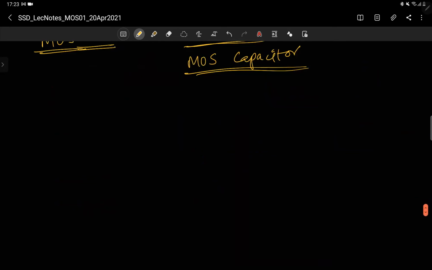So let us just see, in the last 5 minutes, we will finish how this device is made, just the MOS cap, and then we will see more in the next lecture. So MOS cap, how is this made? You have a metal oxide semiconductor, right? So you take a semiconductor, say p-type semiconductor. This is a semiconductor wafer.